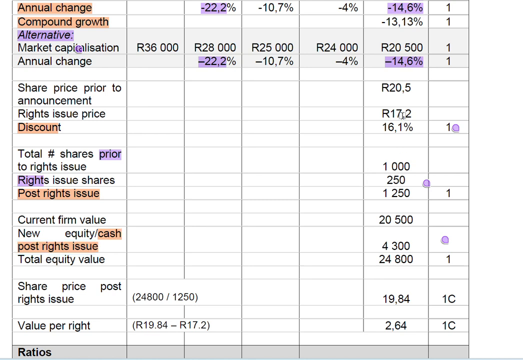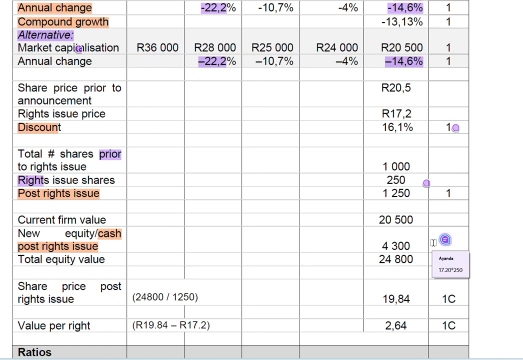It's this amount multiplied by this amount. So it's 17 rand 20 cents, which is the right issue price, multiplied by the 250, which is 1 for every 4 shares. Then you get the new equity as a result of the right issue, and it's 4,300.